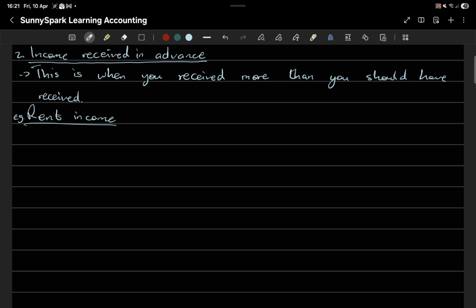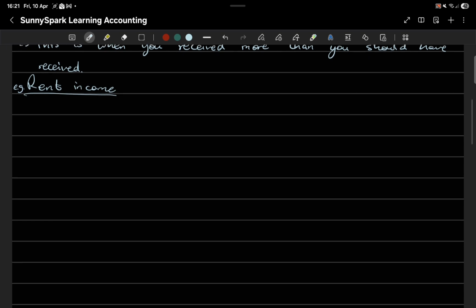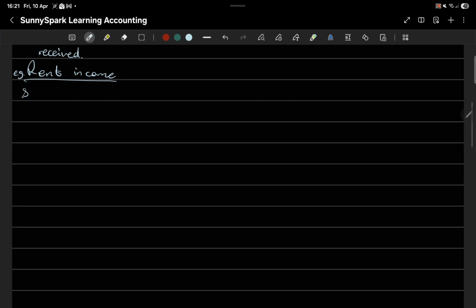With the space that you are not using, you decide to rent it out to someone else who would like to operate their business in your premises. So let's say you charge them maybe 80,000 for the whole year, which is 12 months.